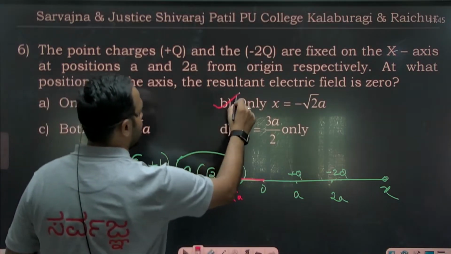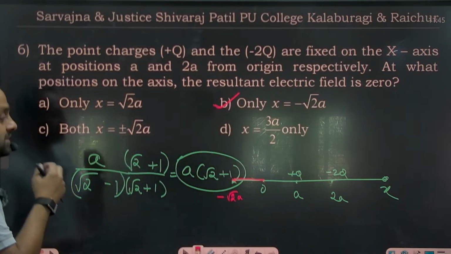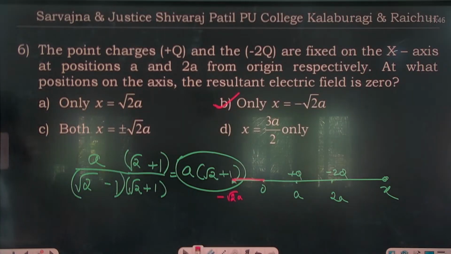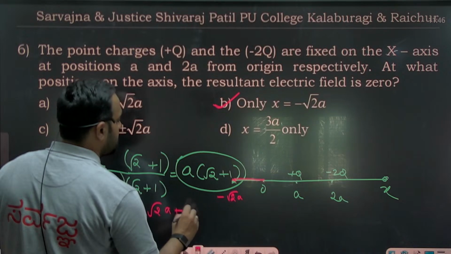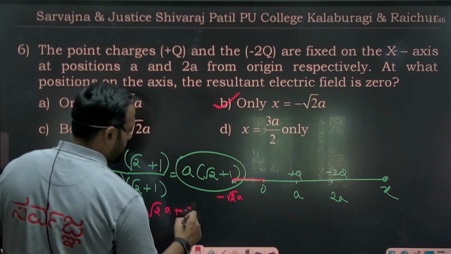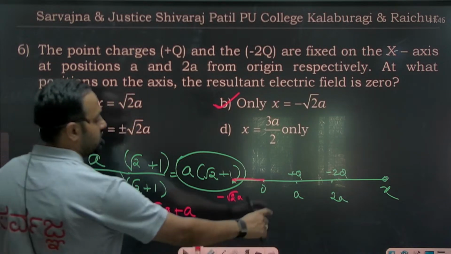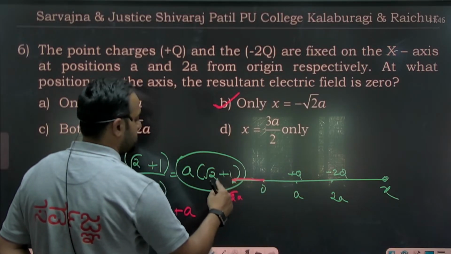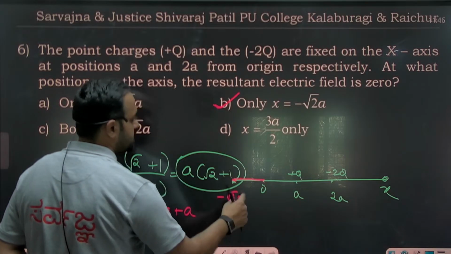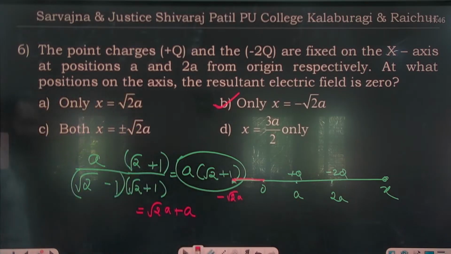So the position is x is equal to minus root 2A, because this can be written as root 2A plus A. So the A plus root 2A distance becomes minus root 2A.